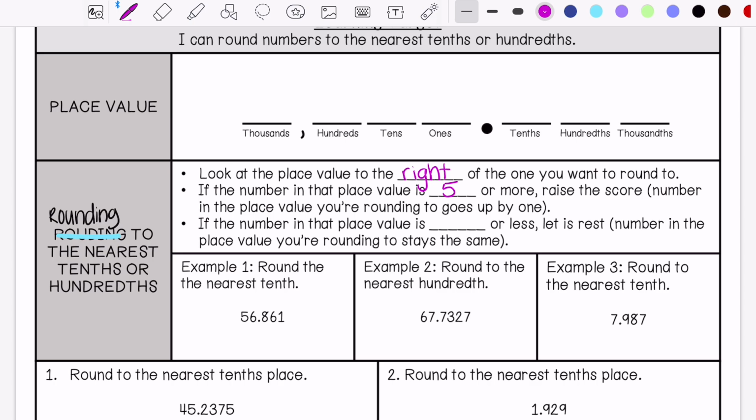So for example, if you have 3.68, this number right here is 5 or more. So that means this number is going to go up by 1. So I would round to 3.7.